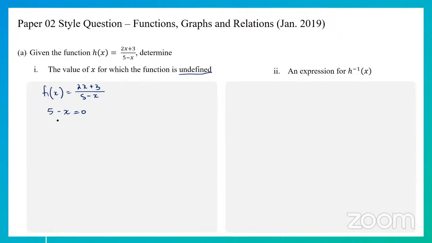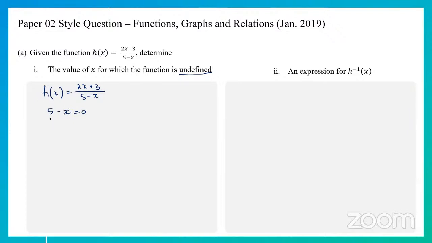All right, so 5 minus x equal to 0. Once again, bringing that denominator here, equating it to 0. I need to get rid of everything over here that is not x. Basically I just want x by itself.